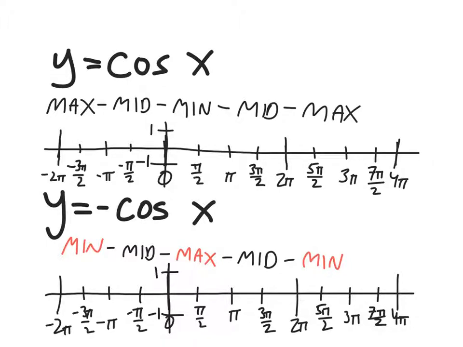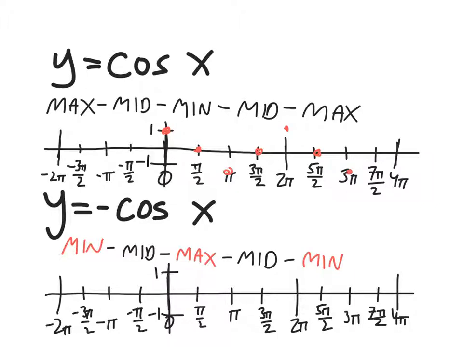We'll use the same idea for plotting the graph of the cosine function, but we know that cosine of 0 is 1, so cosine's going to start the cycle at its maximum and then go to the midline, the minimum, the midline, and then back to the maximum.